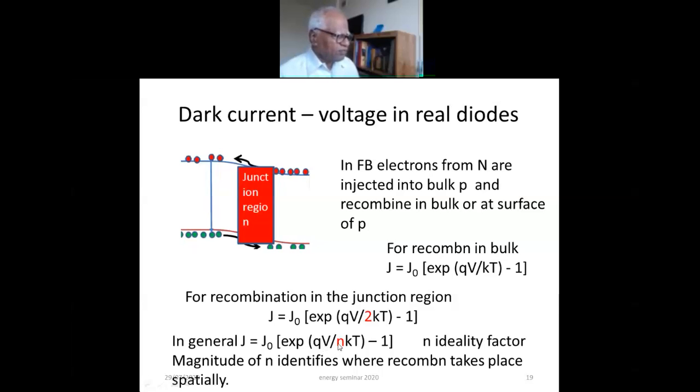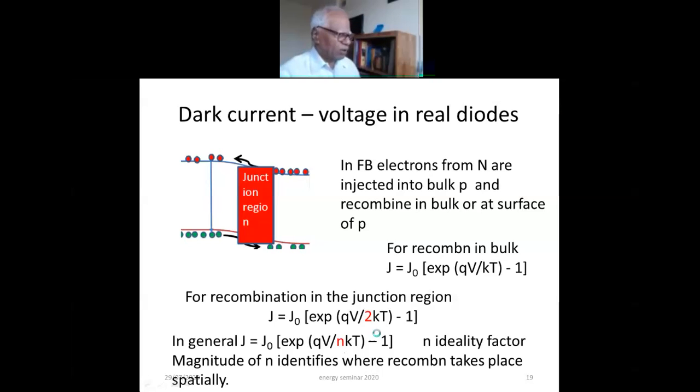And what this means is, if n is equal to 2, that means all the recombination is taking place in the junction if you are at low injection conditions. And if n equal to 1, the recombination is taking place in the bulk of the material. So n, the ideality factor, tells you spatially where the recombination is taking place.